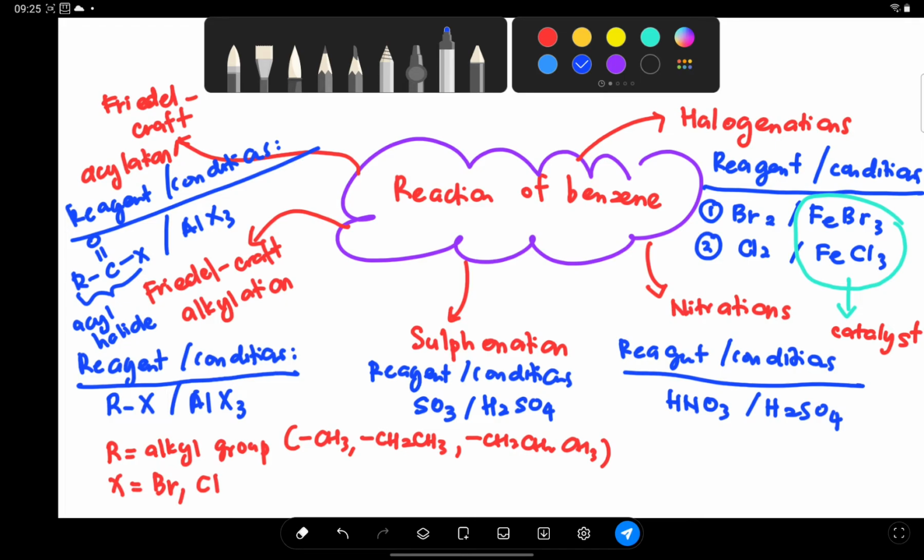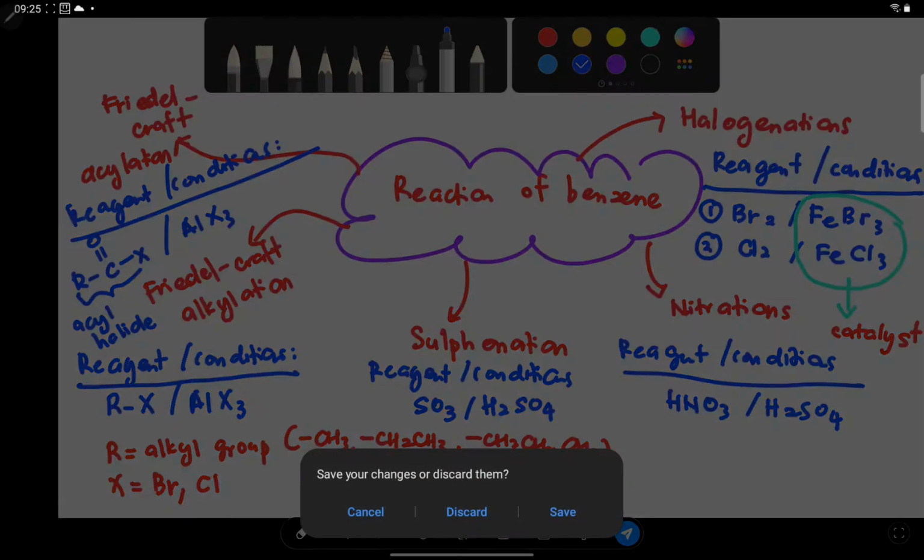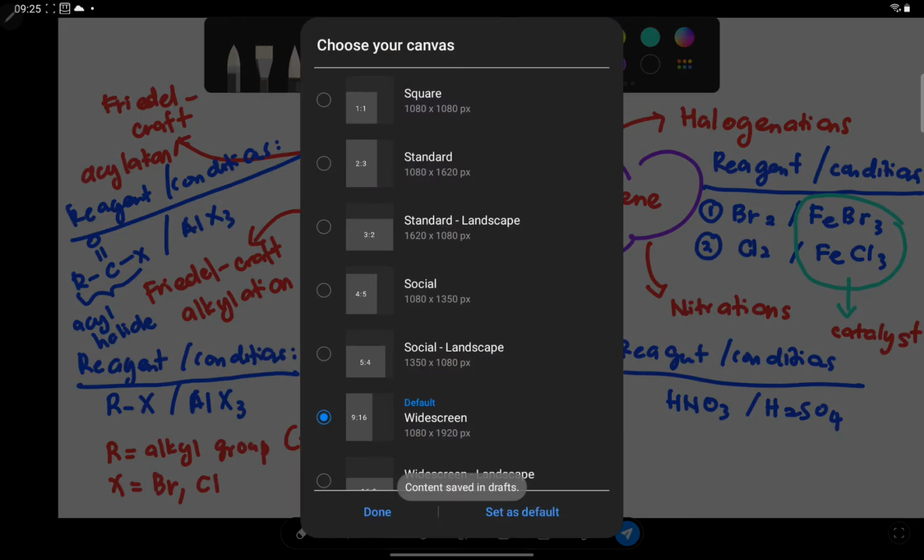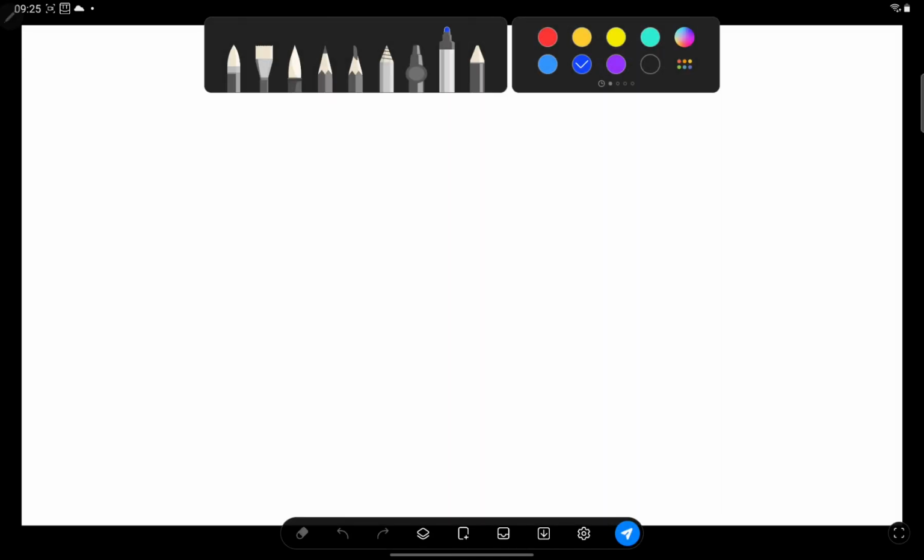Then I will go through one by one what is halogenation, what is nitration, sulfonation, and Friedel-Crafts alkylation and acylation.